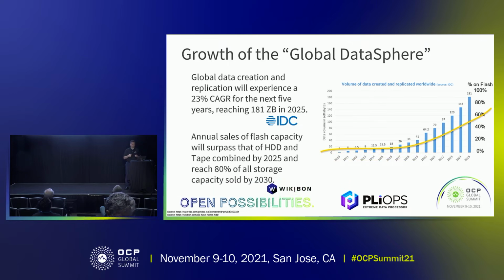Taking that one level deeper, Wikibon, the conglomerate of technical practitioners and consultants, forecasted that the annual flash sales will surpass that of both hard disk drives and tape by 2025. And by 2030, will reach 80% of all storage sales. So what is enabling this increase in NAND flash?